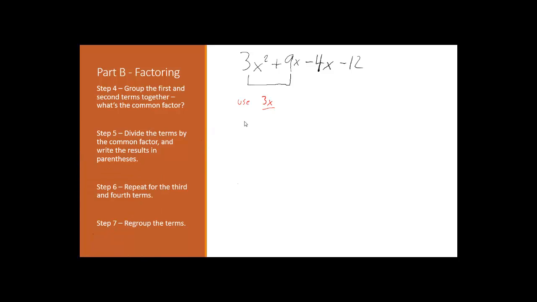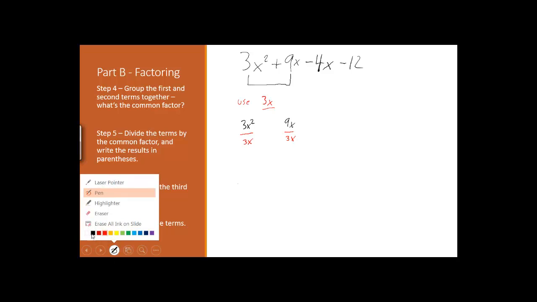We're going to divide the first term, 3x squared, and the second term, 9x, by the 3x we just found. Like this. I'm going to write it in red.